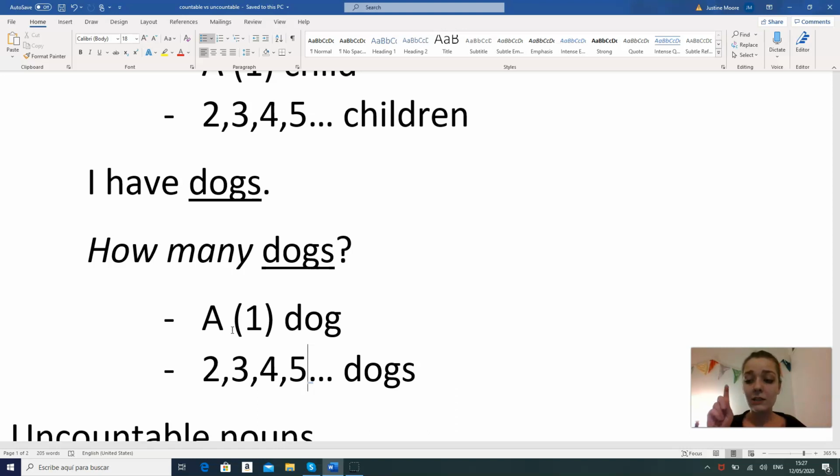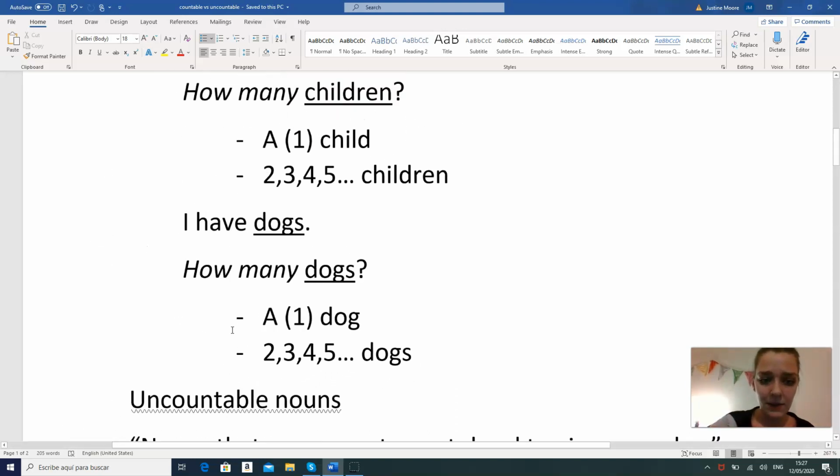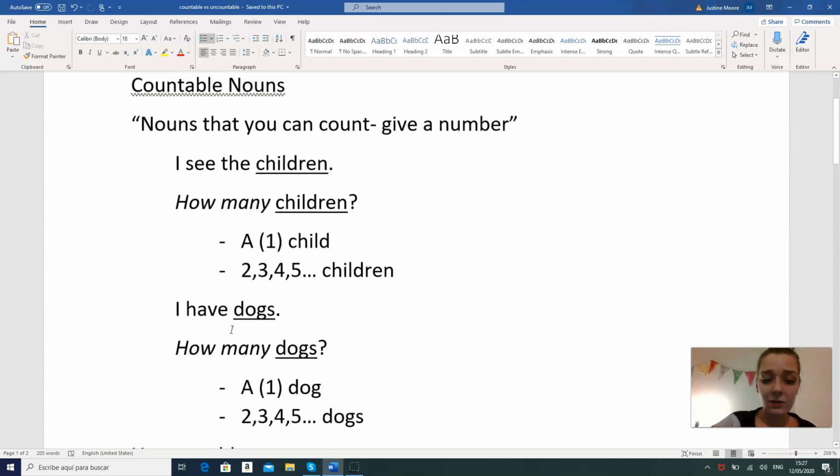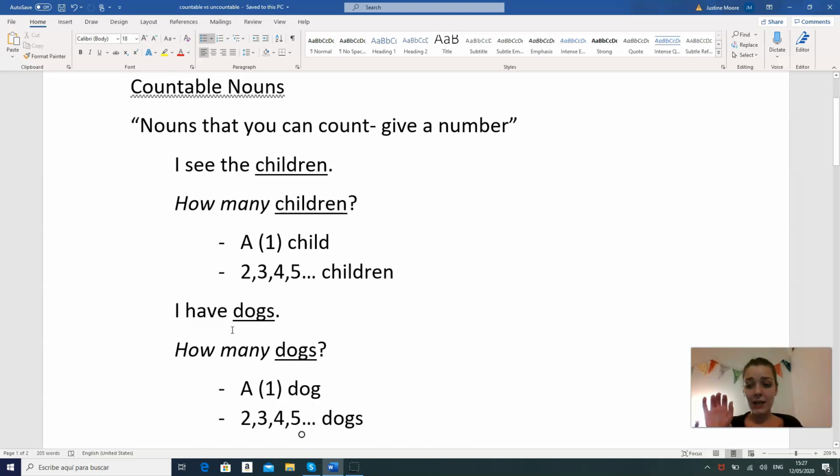You can go 1 dog, 2 dogs, 3 dogs, 4 dogs. So in general, a countable noun is a noun that you can count. 1, 2, 3, 4. With countable nouns, you ask how many when you want to know the number.